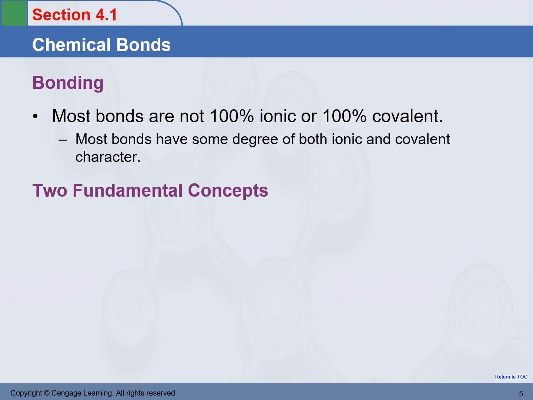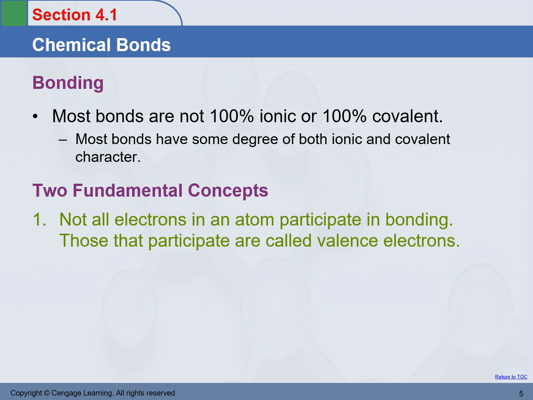Two fundamental concepts about electrons and chemical bonding. Number one, not all electrons in an atom participate in chemical bonding. Those that do participate are called valence electrons. Valence electrons are electrons that are involved in chemical bonding.